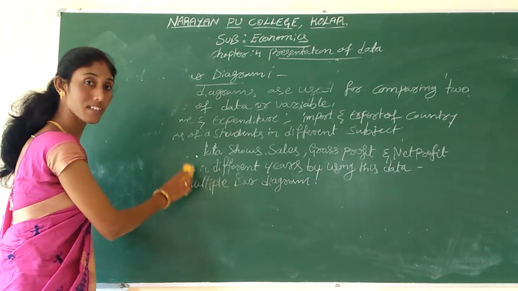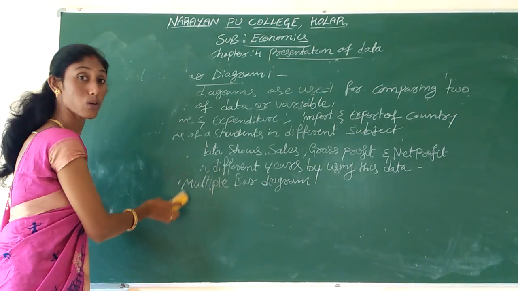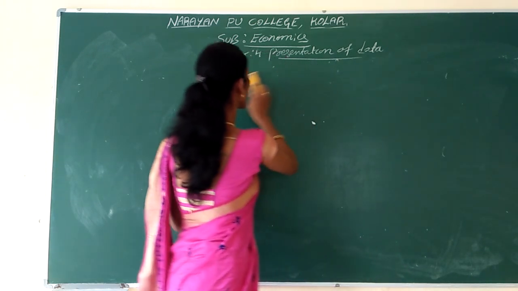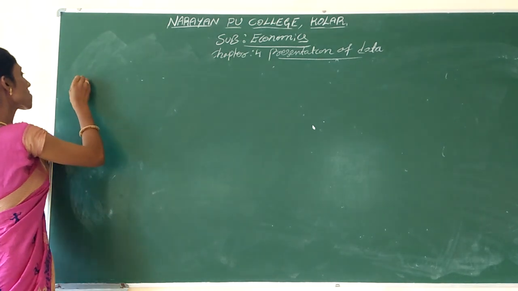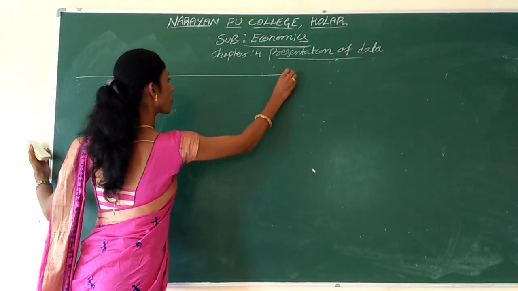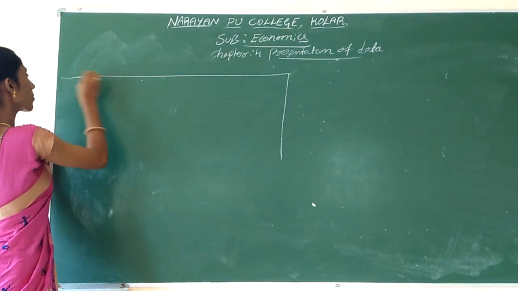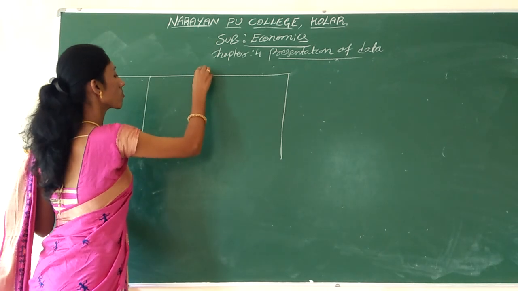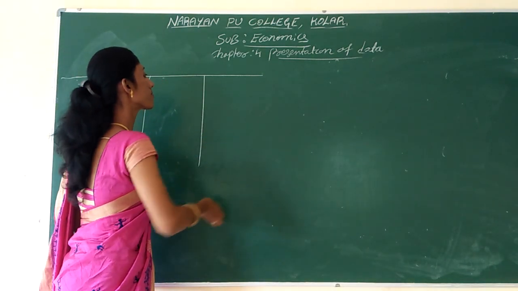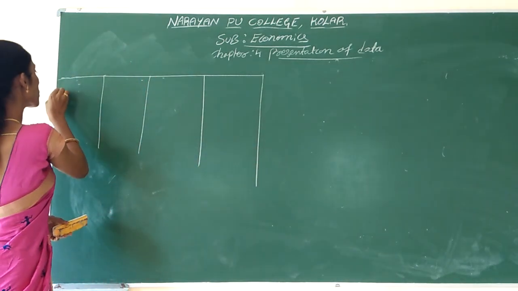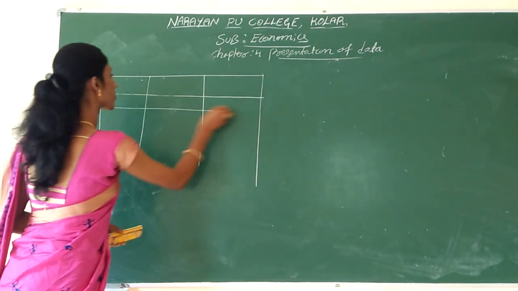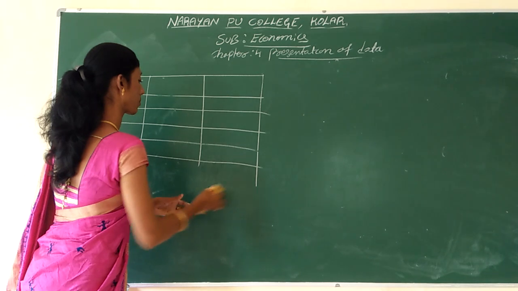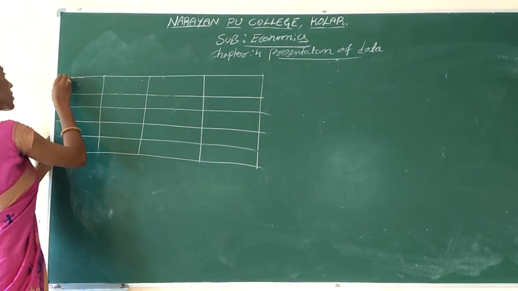Now take down the data under this question. Whatever I write next, take down under the question. First column, years.